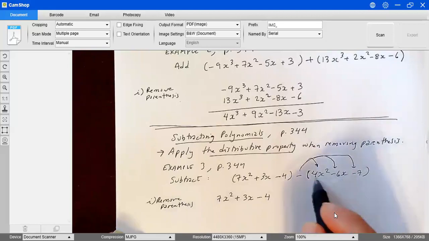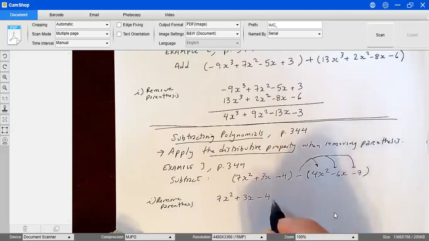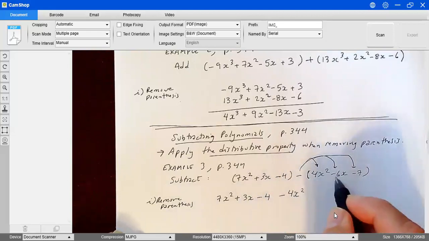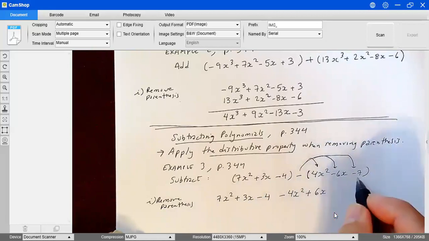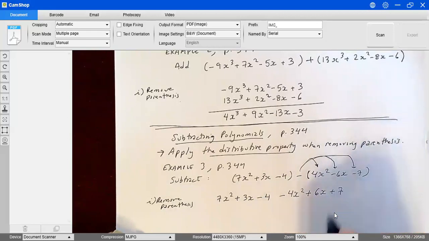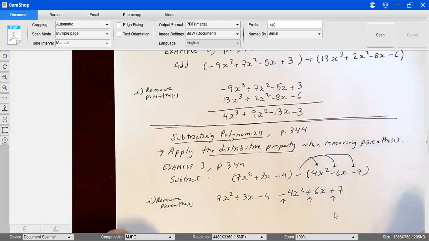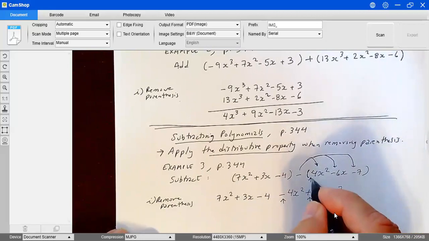Change every sign. So this 4 is positive, it's going to be now negative 4x squared. This coefficient is -6, so the opposite is going to be positive 6x. And this -7 is going to become positive 7. So we are switching the sign of every term inside of the parentheses.